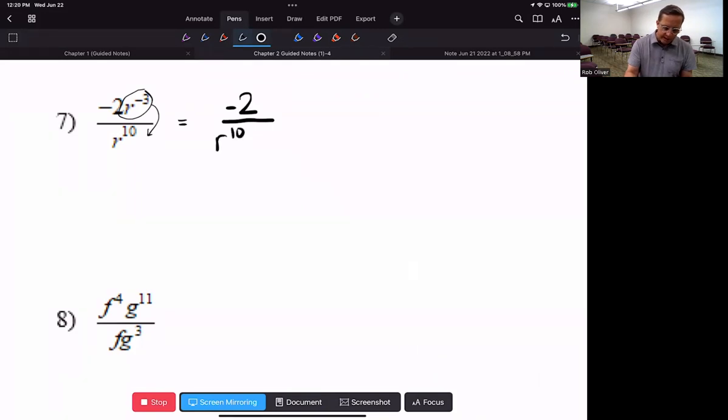R to the 10th is not changed as of right now. And then R to the -3 moved down to the denominator, making it +3. So now you have R to the 10th, R to the 3rd. And now let's apply the product rule, where we add the exponents. So you got R to the 13th.